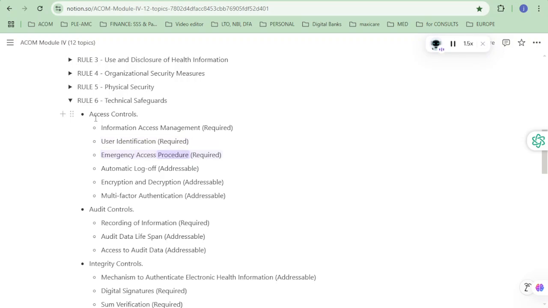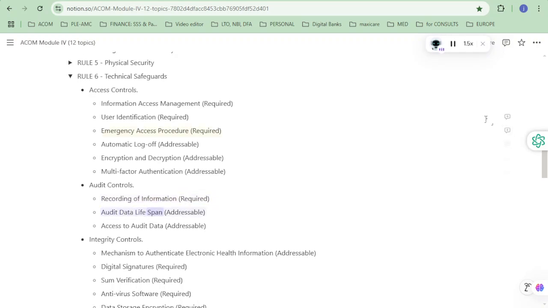Emergency access procedure, required. Automatic log-off, addressable. Encryption and decryption, addressable. Multi-factor authentication, addressable. Audit controls. Recording of information, required. Audit data lifespan, addressable. Access to audit data, addressable.